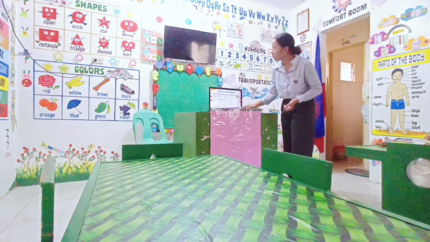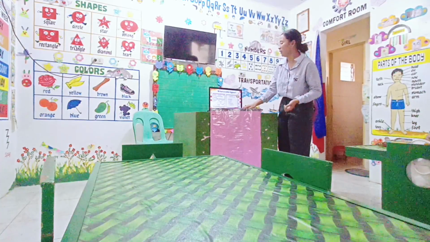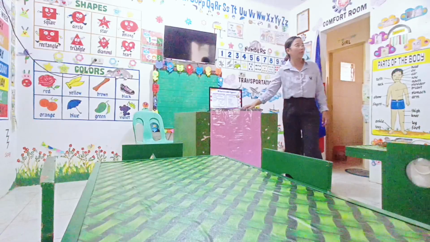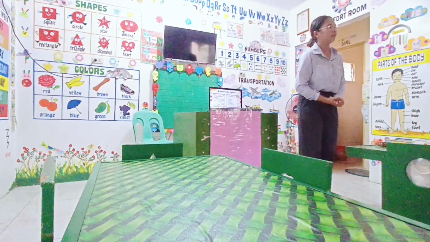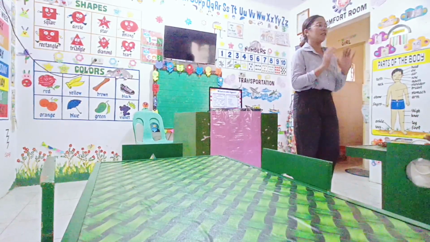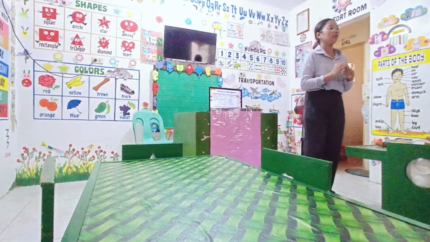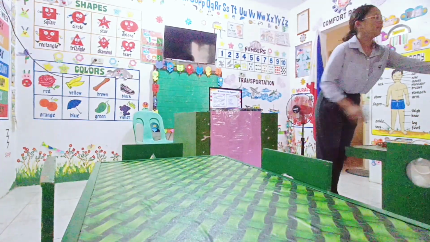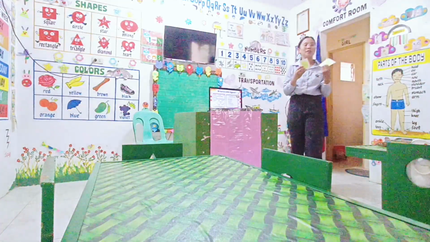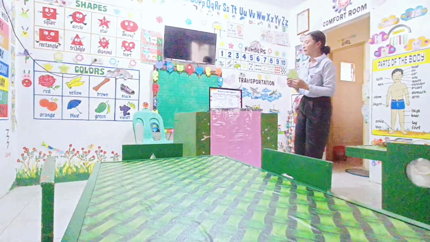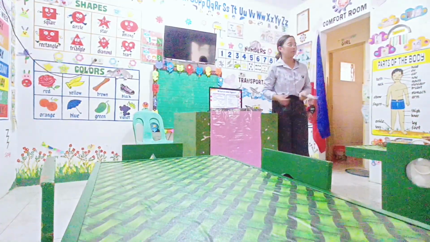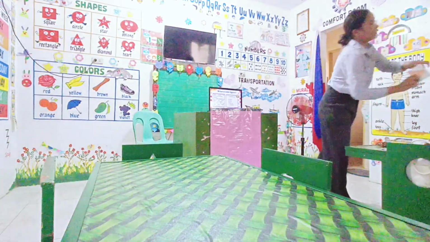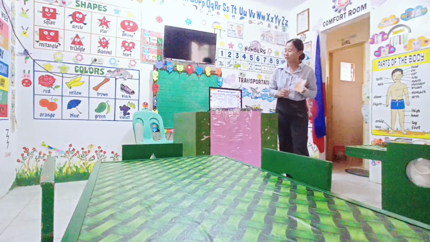Now let us proceed to the examples of solid figures. Number one is a sphere. Let me show you the sphere. It is the round one. That's the ball. This is what we call a sphere. Do you understand? Yes, ma'am. Next one is the cone. This is an example of a cone, a party hat.